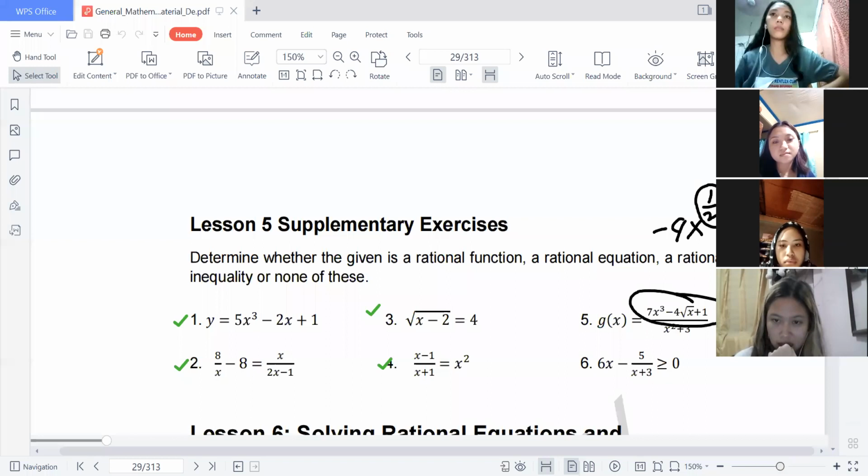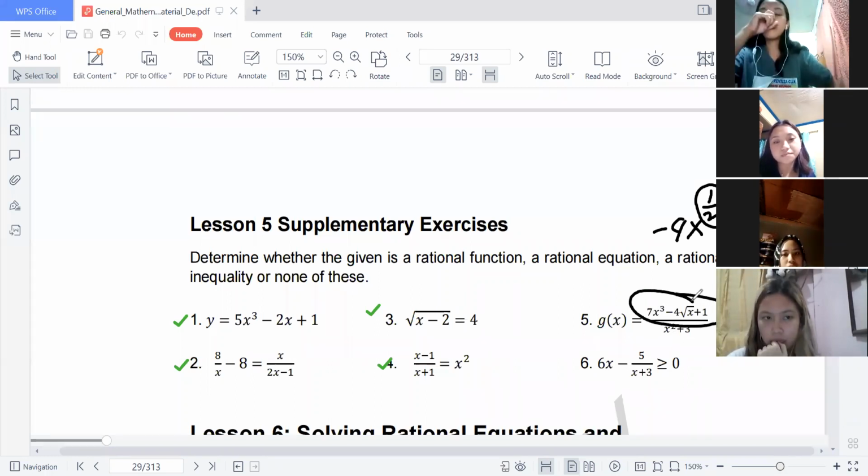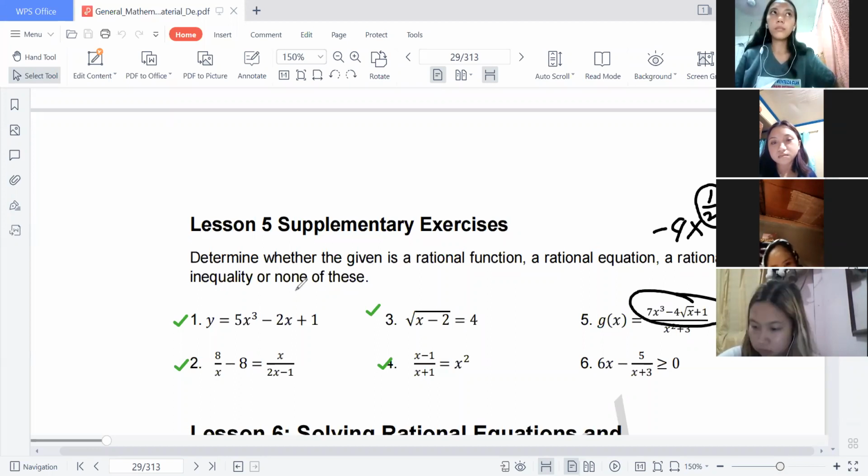So in this case, this portion may not be called a polynomial, right? Maybe it will be called a radical expression. So in this case, the correct answer would be none of this, right? Do you agree with me?